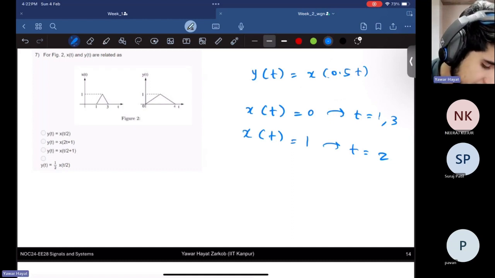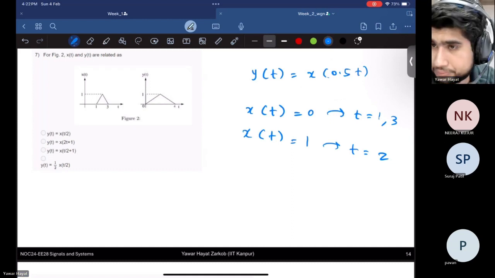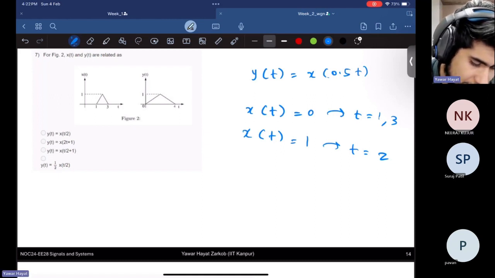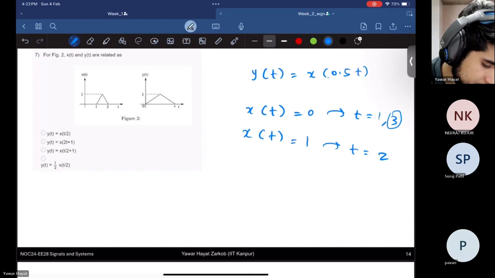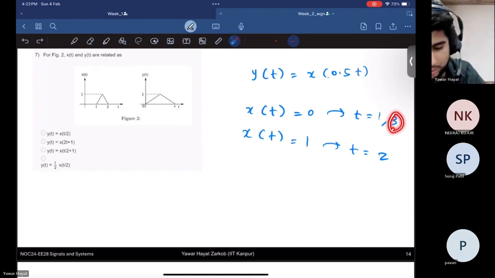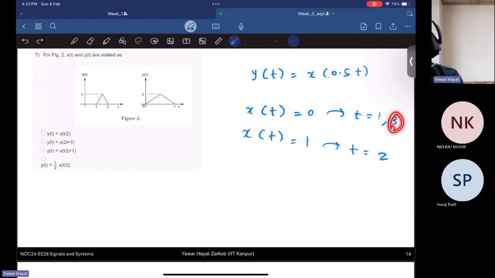If that is the case, then this value, this 3, the value corresponding to this 3 would be reached in this x of 0.5 t at t equal to 6, right?